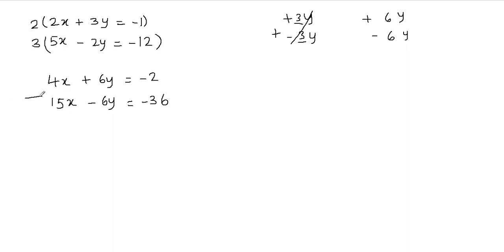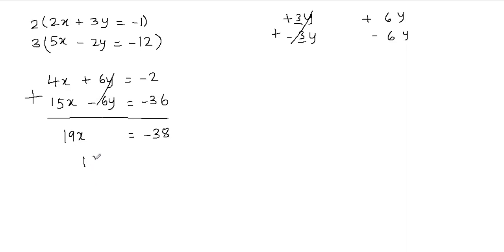Now I can add these two equations to eliminate the y variable. Notice that positive 6y and negative 6y will add up to 0, so that is gone, and I'm able to eliminate my y variable, with only the x variable left in my equation. Let's add these equations. 4x plus 15x is going to give me 19x, is equal to negative 2 plus negative 36, which is negative 38.